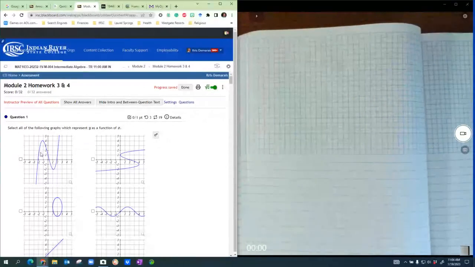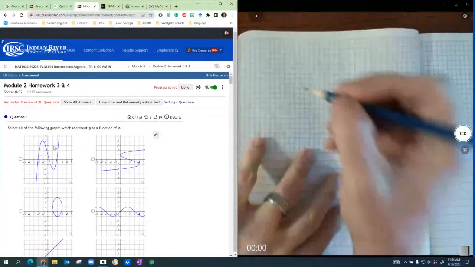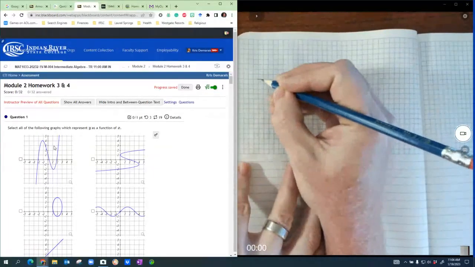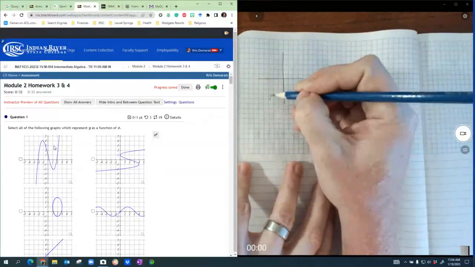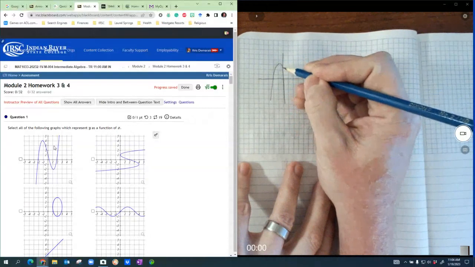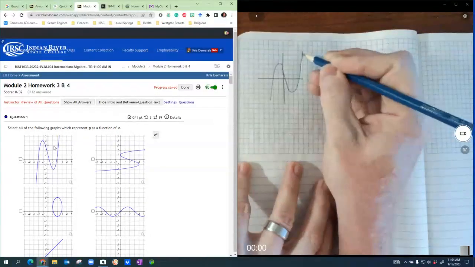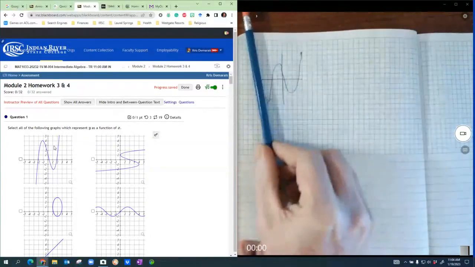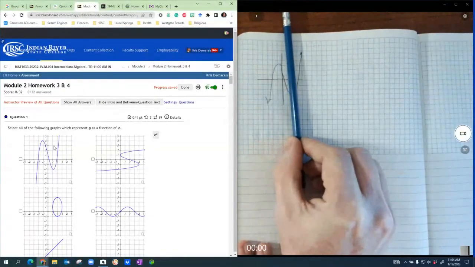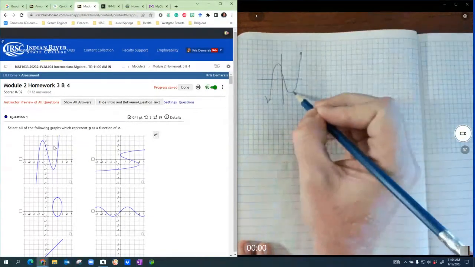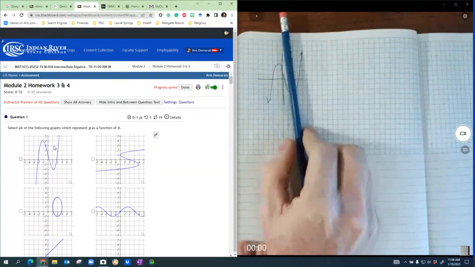If you take a vertical line, that's always kind of nice to see. If I had this graph, and it looks something like this, and I take a straight edge and run it straight across, there's not a single point where I'd be contacting that graph more than one time. That's the way you have to look at it.